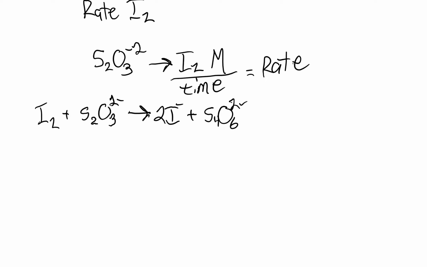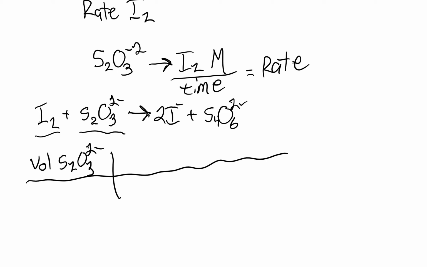So we've got the reaction showing the relationship between I2 and S2O3. And so what we'll have to do is take the volume of S2O3 2- and multiply by 1 liter and X moles. You guys know the molarity of this.